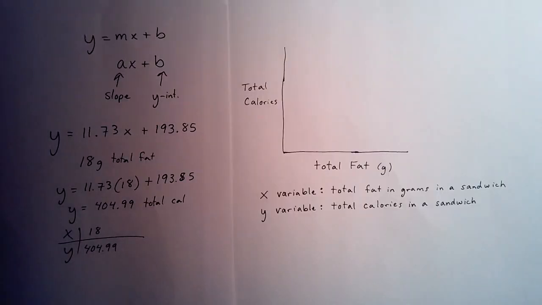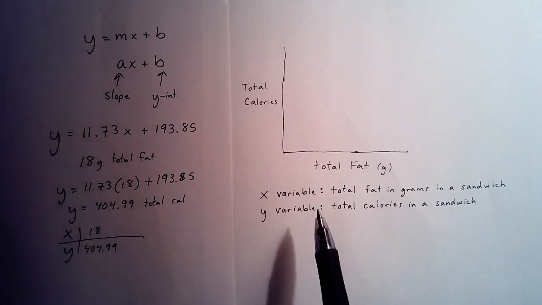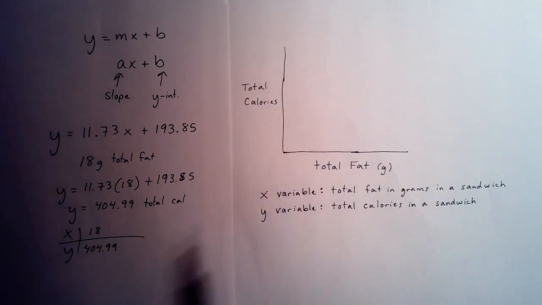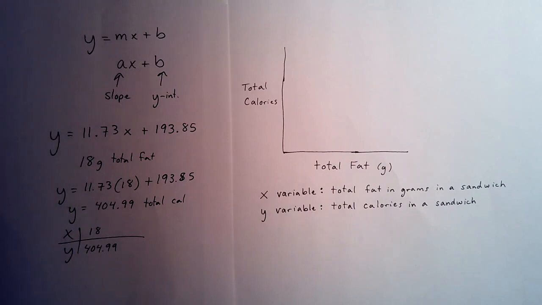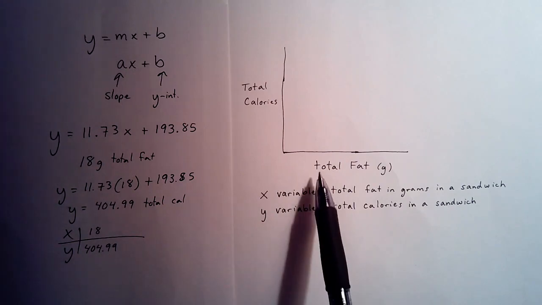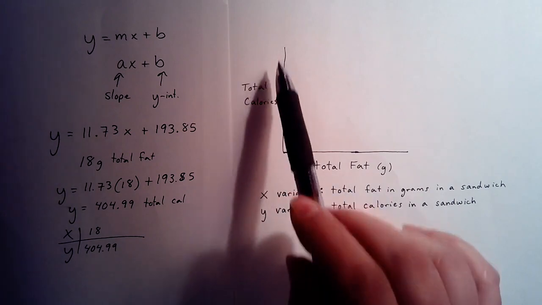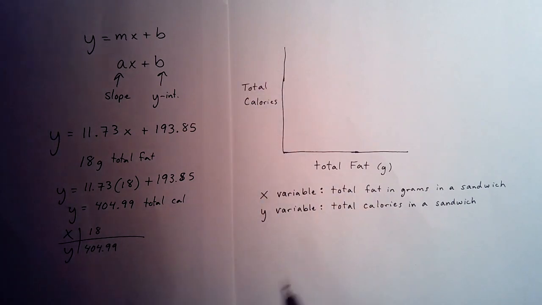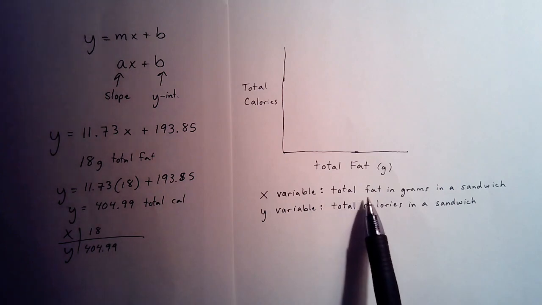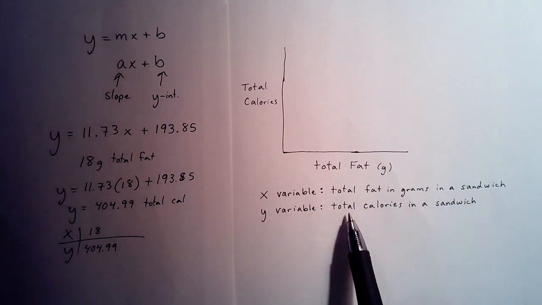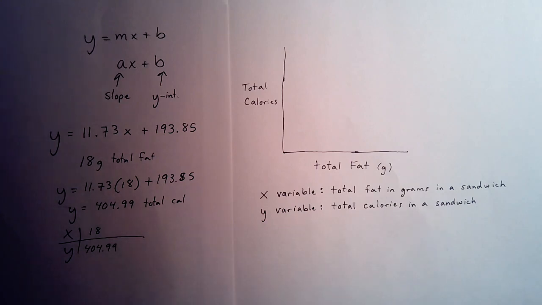All right, so now let's talk about summarizing everything that we've figured out on this. When we look at our scatter plot, now I didn't put all the points out here. I'm just talking about the X and the Y axis to talk about the X and Y variables. Our X axis was the total fat in grams, and the Y axis was the total calories. So the X variable represents the total fat in grams in the sandwich, and the Y variable represents the total calories in that same sandwich.